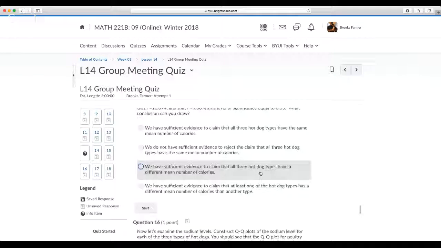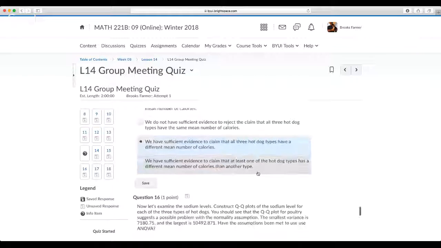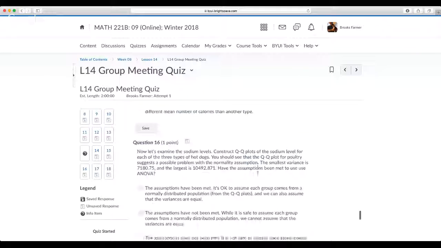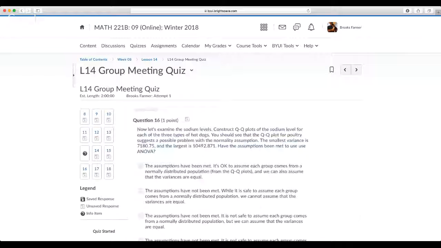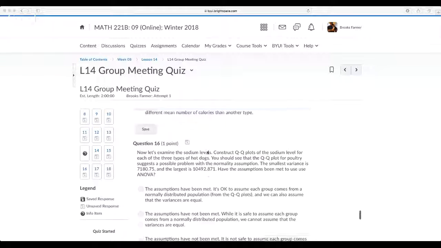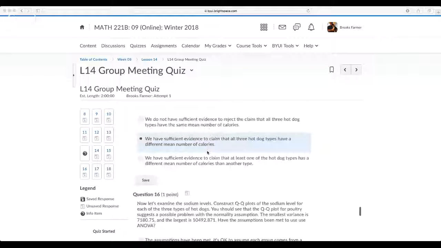We have sufficient evidence to claim that all 3 hot dog types have a different mean number of calories. I think that's the one. Yeah, that sounds right to me. All right, sodium time. So the answer is D. Or C. The answer is C, because our p-value was 0.000, which is less than 0.05, so we reject the null hypothesis.